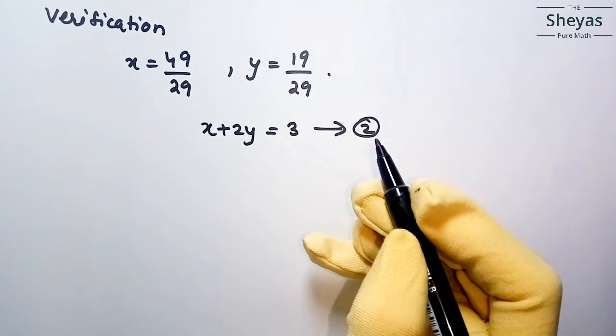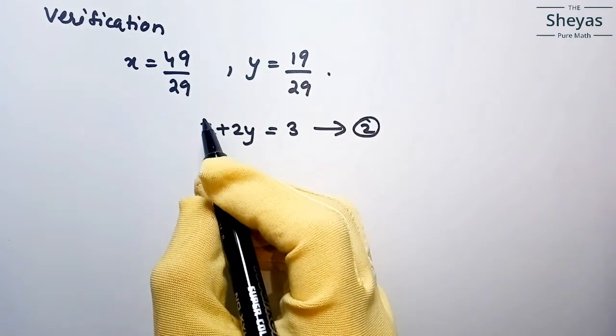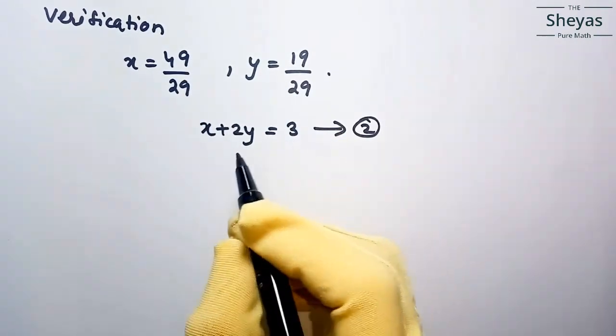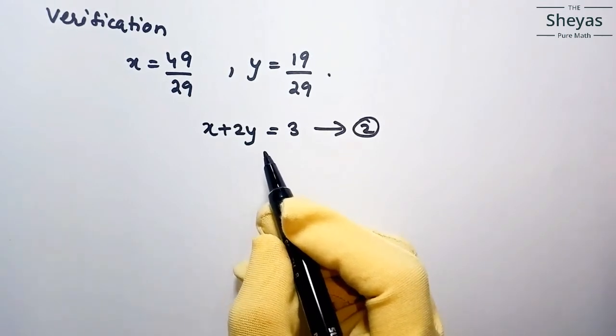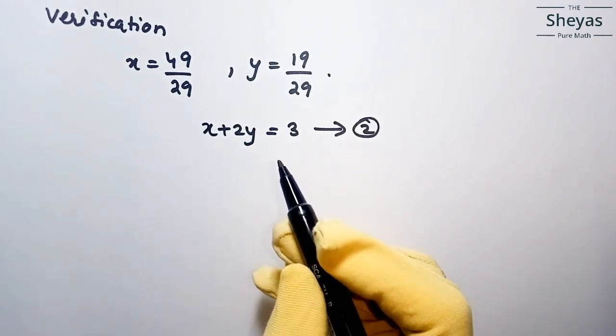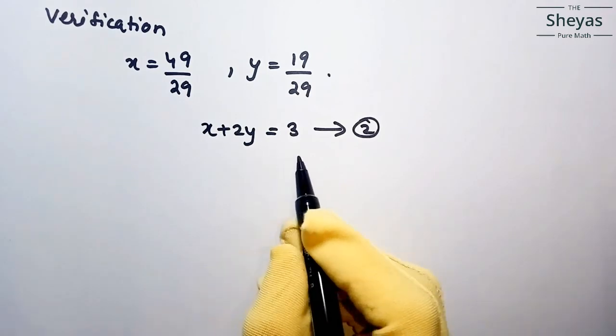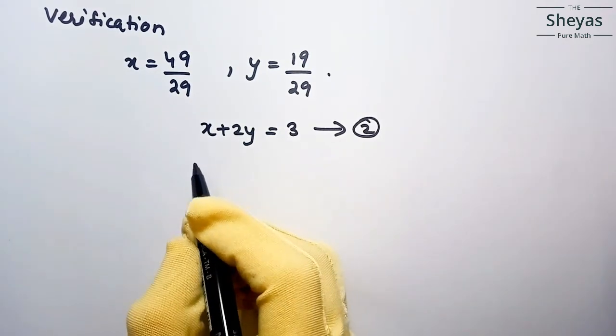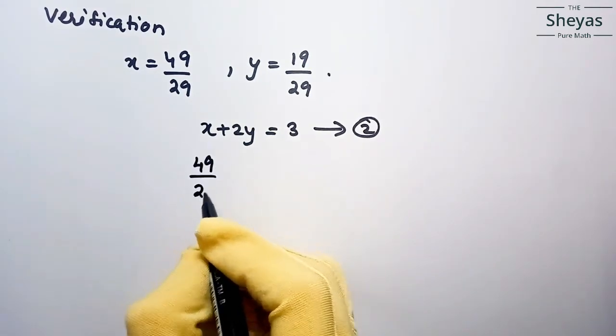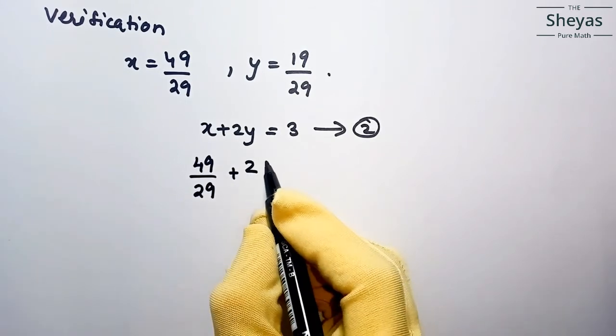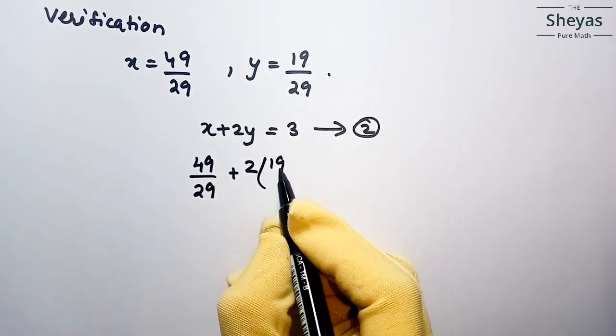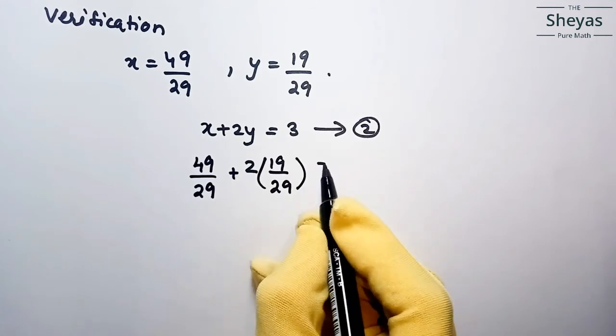So now I am going to verify. x is equal to 49 by 29 and y is equal to 19 by 29. Any one equation you can take. So I am taking the second equation, that is x plus 2y is equal to 3. Now what is the x value? 49 by 29 plus, what is the y value? 19 by 29, is equal to 3.